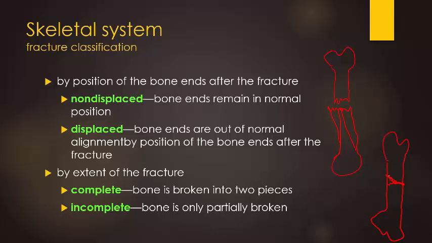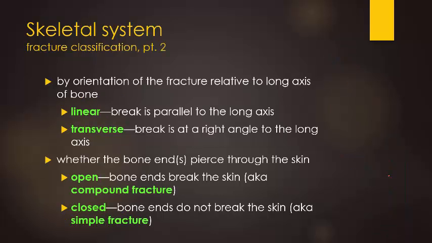We can talk about the way that the fracture orients to the long axis of the bone. So here's the bone again, and if the fracture is running down the length of the bone, then that would be a linear fracture, whereas a fracture that comes across the bone would be a transverse fracture.